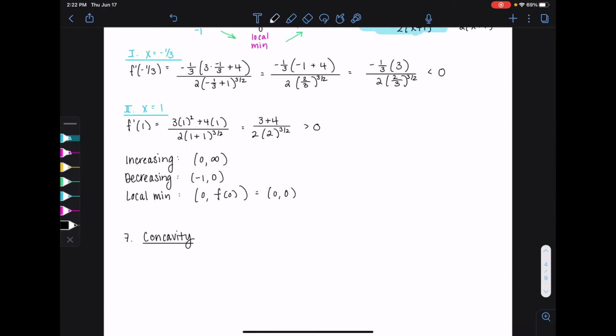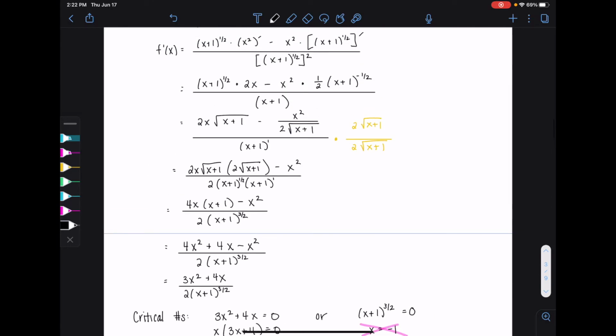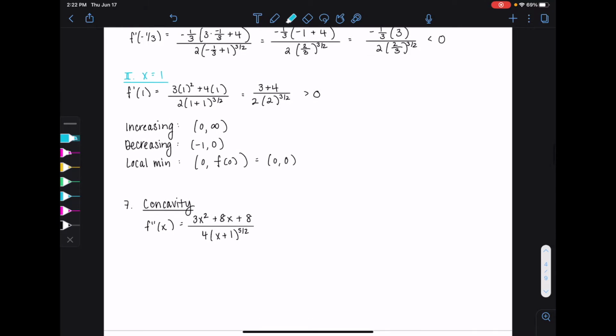So I'm going to go ahead and just tell you that the second derivative is going to be 3x squared plus 8x plus 8 divided by 4 times x plus 1 to the 5/2. So you'd pretty much go through the same thing of going through quotient rule. You'd have to simplify it in a similar process by multiplying by something to get rid of those square roots. Okay.